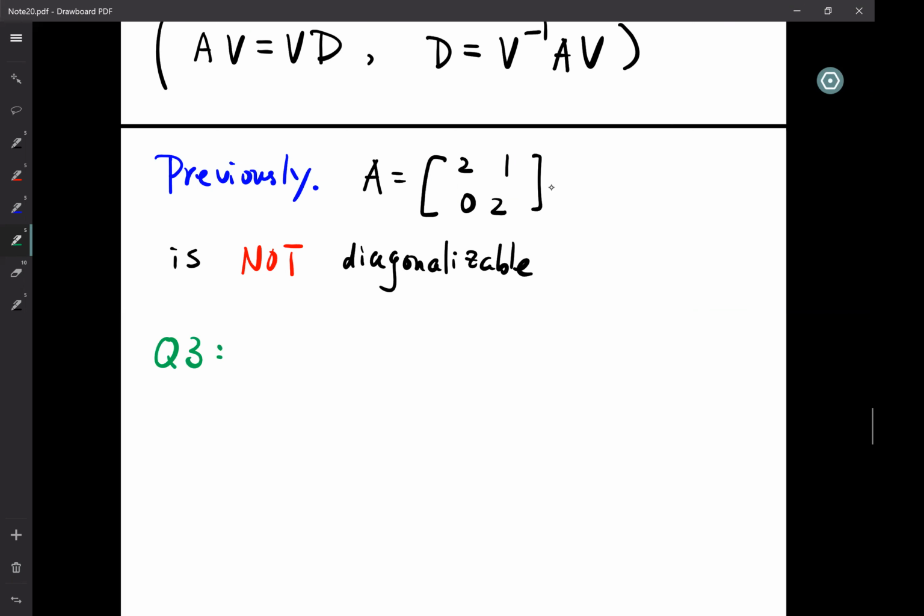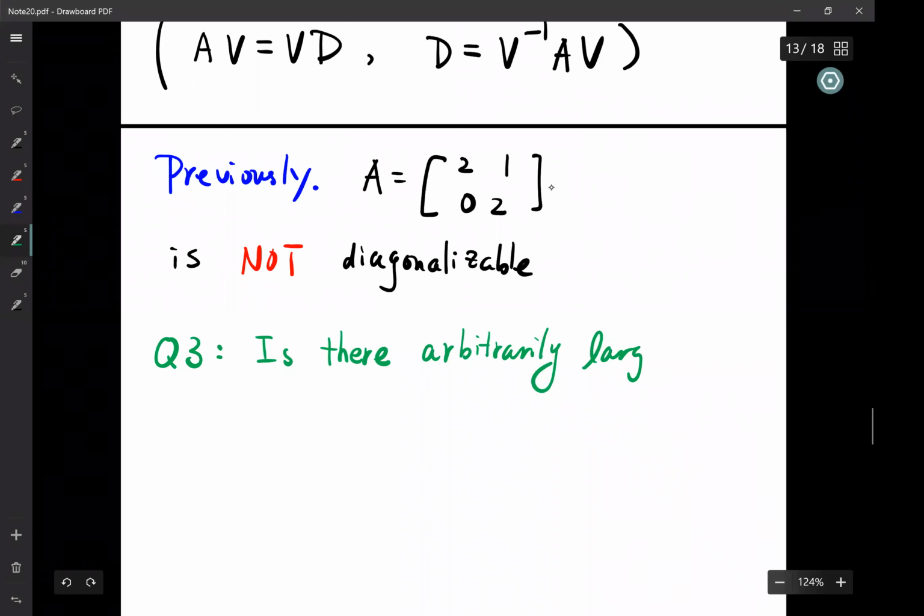Question Q3: is there an arbitrarily large non-diagonalizable matrix? We have known that for this 2 by 2 matrix, this is the case.